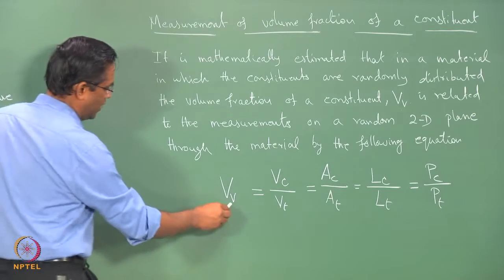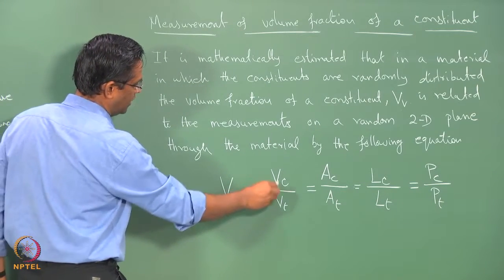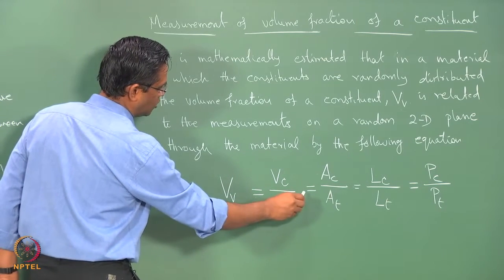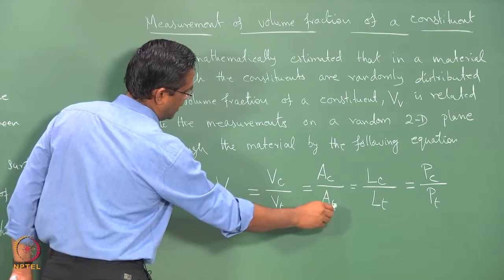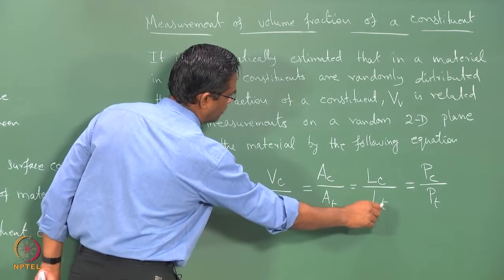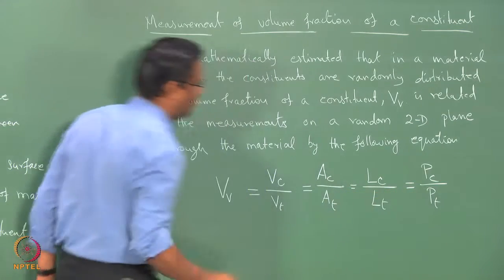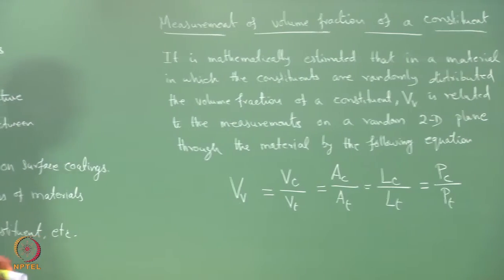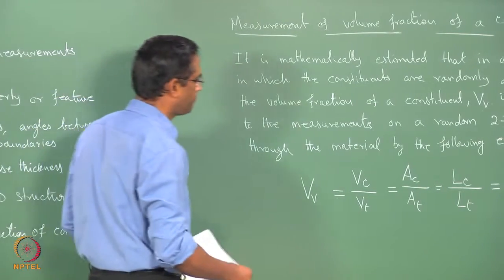That is, VV is equal to VC divided by VT, which is equivalent to AC by AT, LC by LT, which is again equivalent to PC by PT. So, what are all these things? We will describe them one by one.